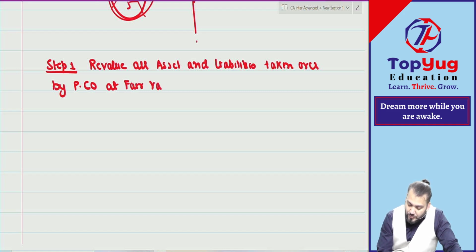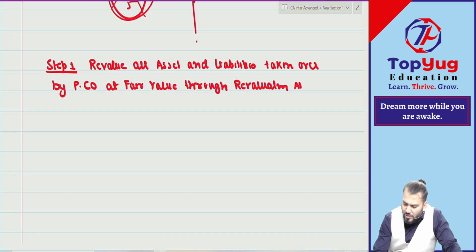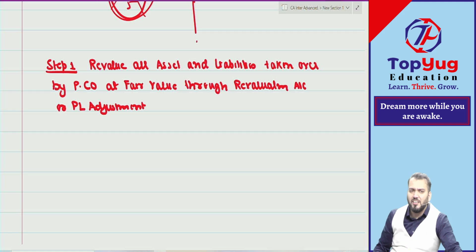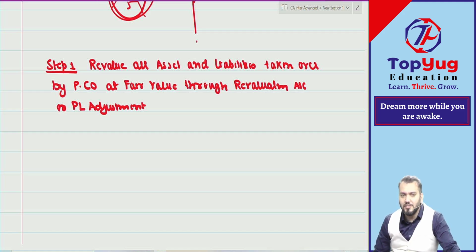At fair value. Through which account? Through revaluation account, or sometimes they say PL adjustment account. Increase in the value of asset: asset account debit to revaluation. Decrease in the value of asset: the reverse entry.